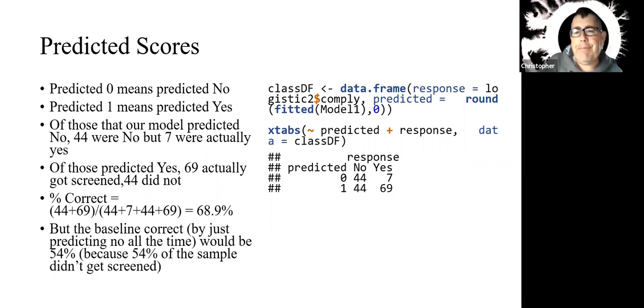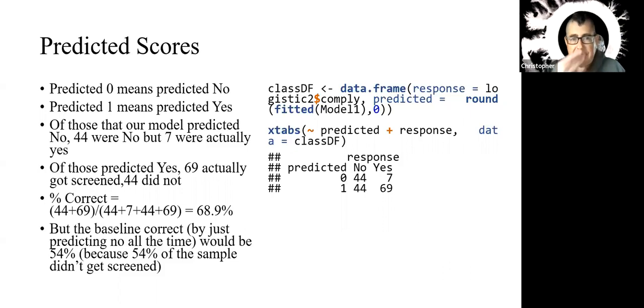The top left and bottom right diagonals correspond to cases that were correctly predicted. For example, we predicted 44 people to be no who actually were no. Remember, response represents what they actually were. Similarly, for yes, we predicted 69 people to be yes, and 69 of those people were yes.